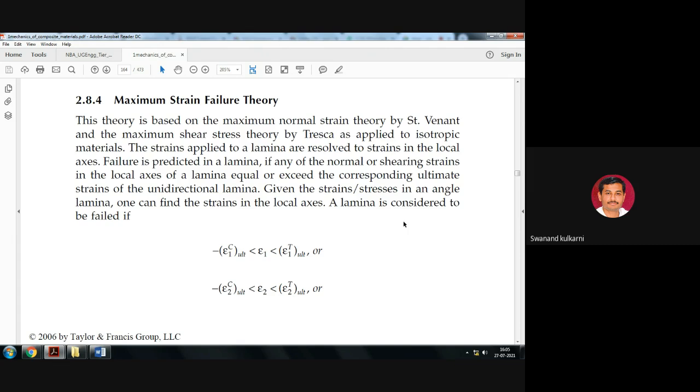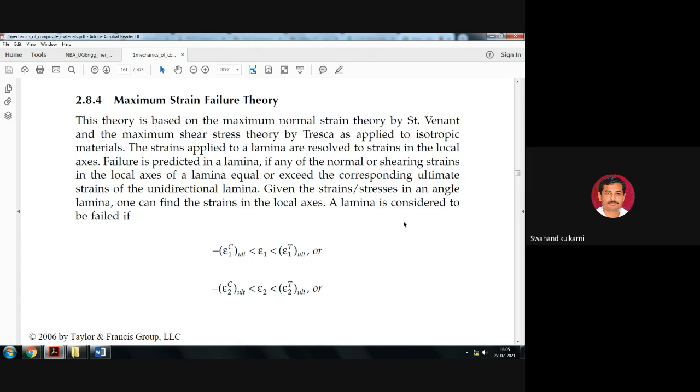Both theories are applied to isotropic material, and the maximum strain failure theory refers to both of these theories. That we should understand first.